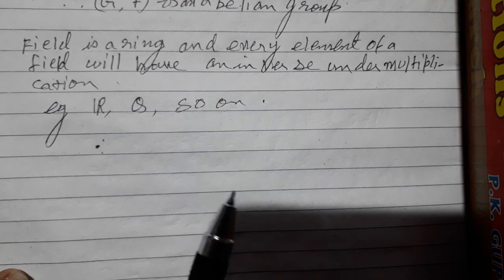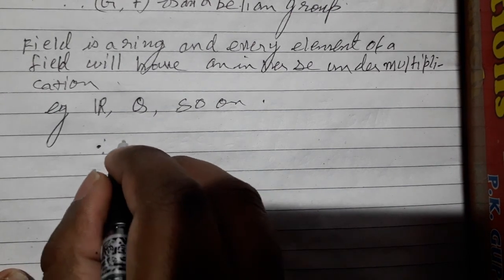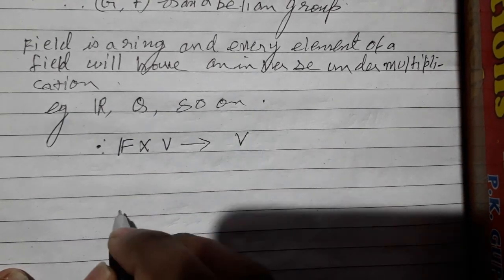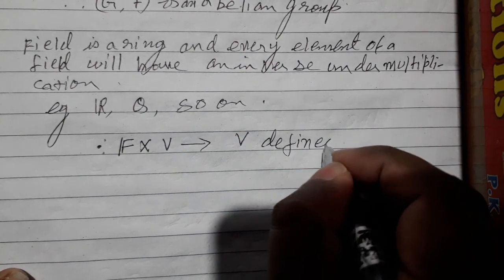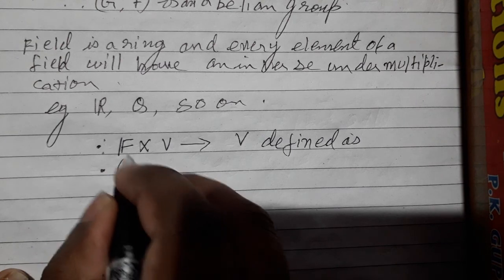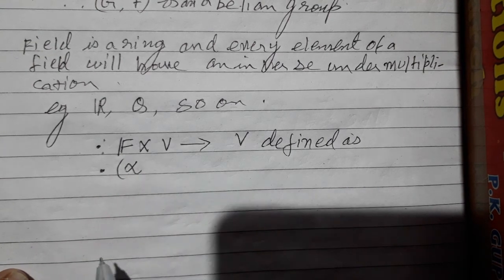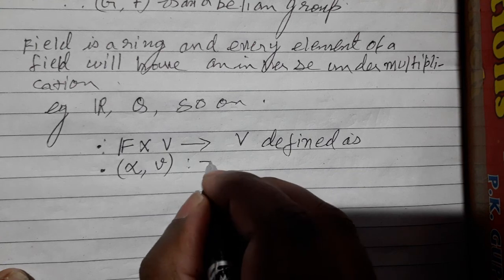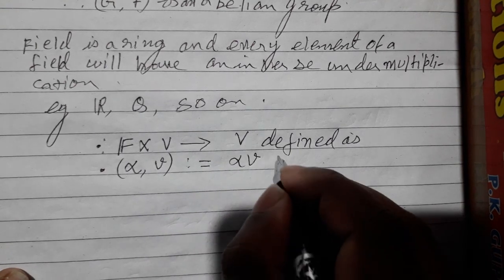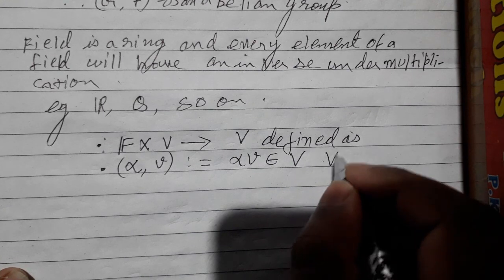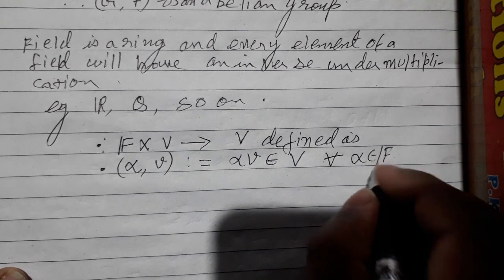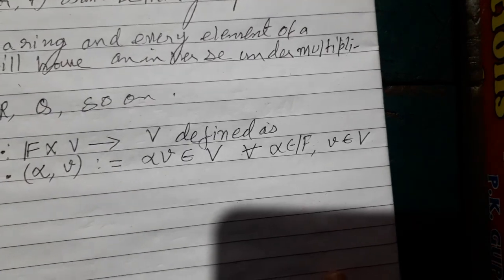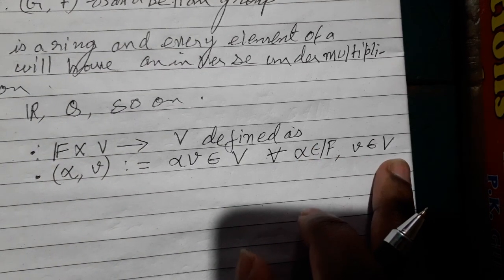I'm defining the scalar multiplication from the field F cross the vector space V to the vector space V. I take an element alpha from the field and a vector small v from V, and define this as alpha v, which should belong to V, for all alpha belonging to the field, the scalars, and for all v belonging to capital V.